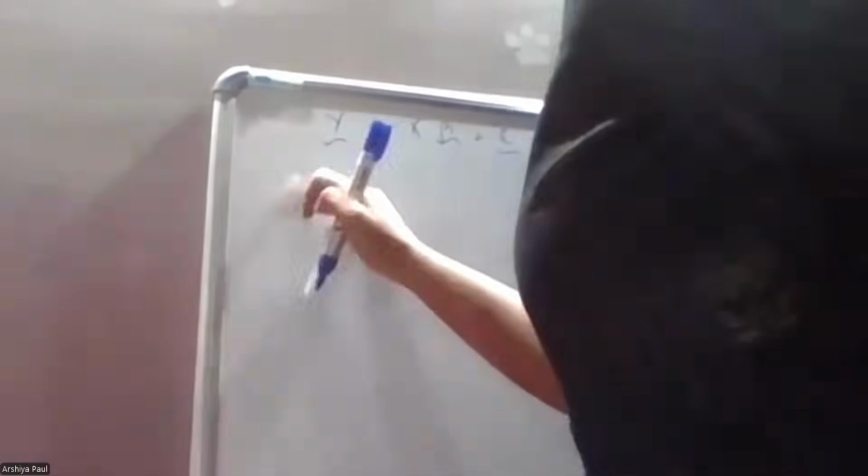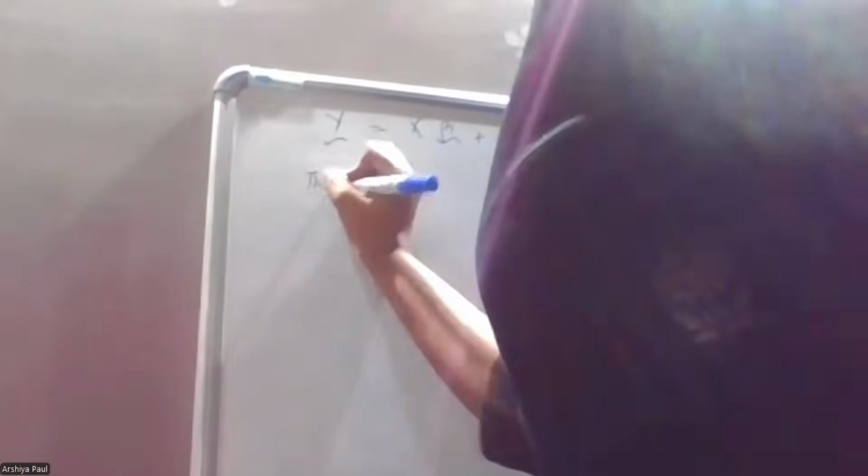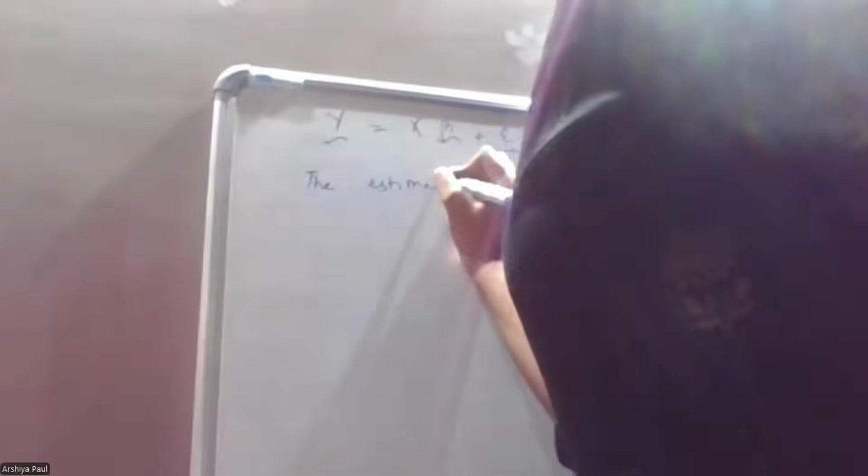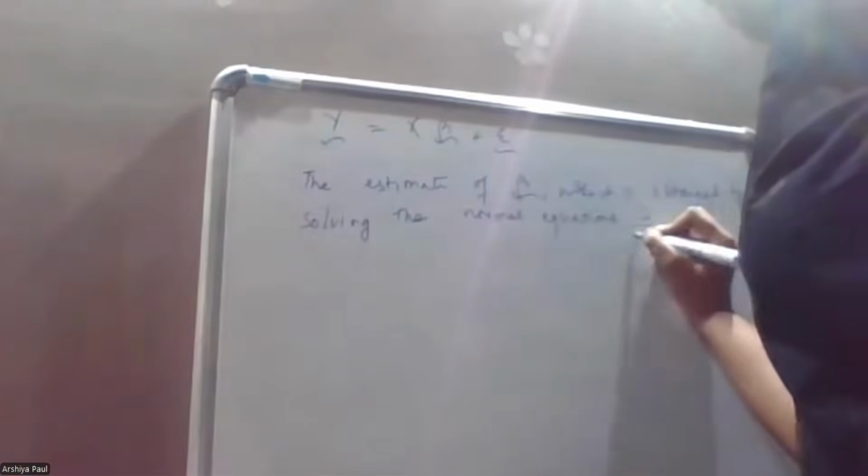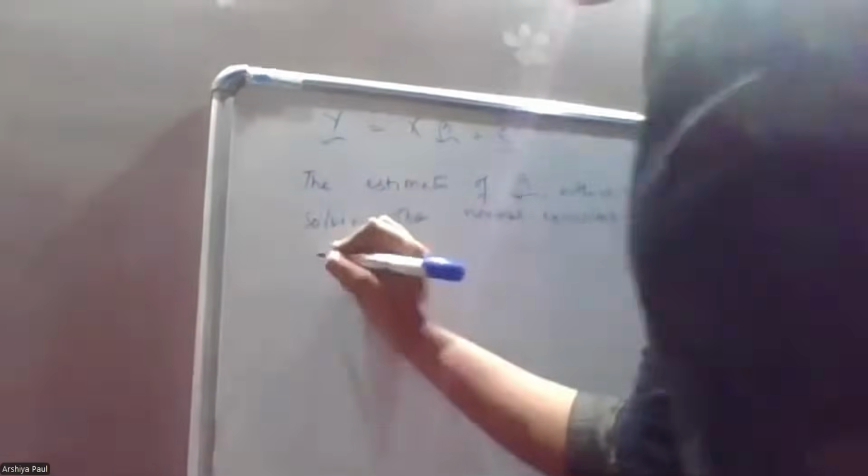So it states that the estimate of beta, which is obtained by solving the normal equations, is the best linear unbiased estimator of beta.